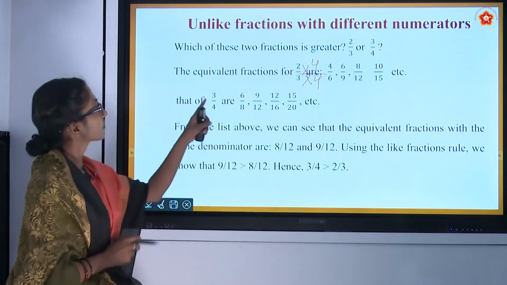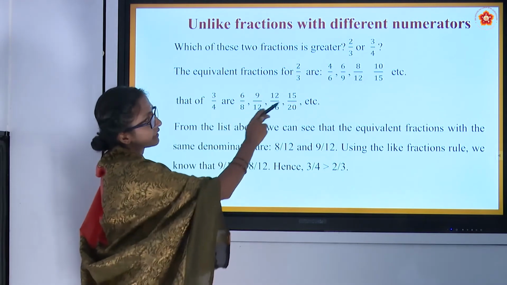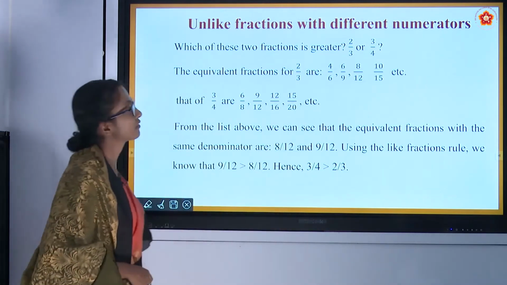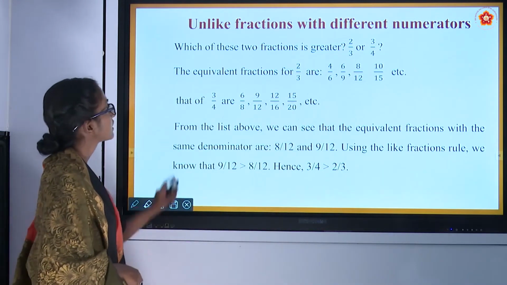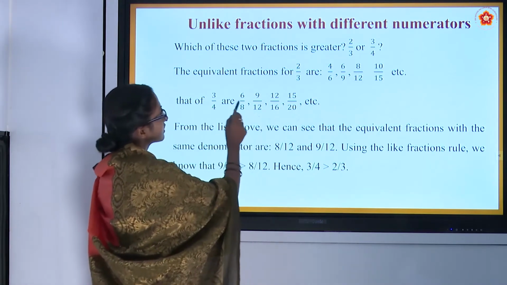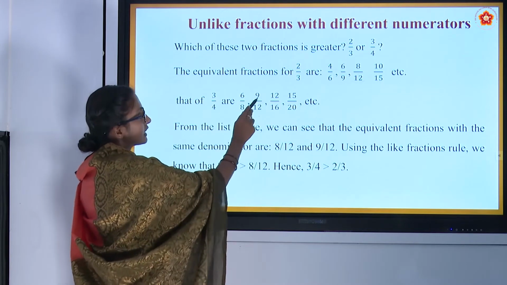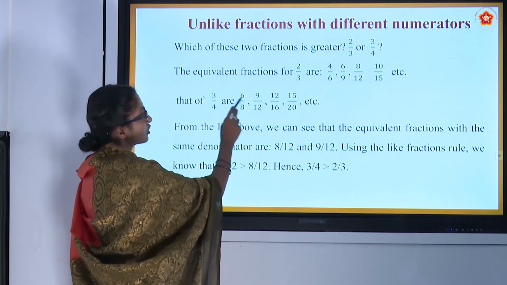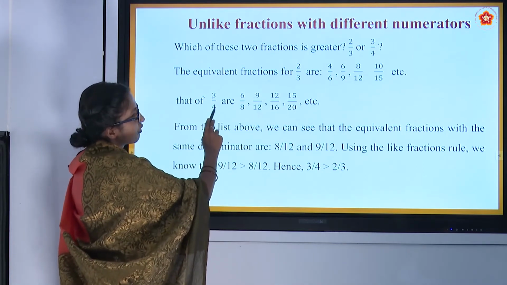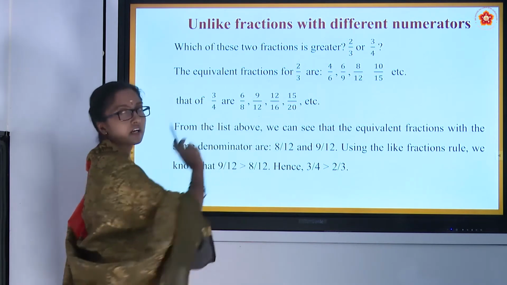So, equivalent fractions for 2 by 3 are 4 by 6, 6 by 9, 8 by 12 and 10 by 15. That of 3 by 4 are 6 by 8, 9 by 12, that is 3 2s are 6, 4 2s are 8, 3 3s are 9, 4 3s are 12, 3 4s are 12, 4 4s are 16, 3 5s are 15, 4 5s are 20.